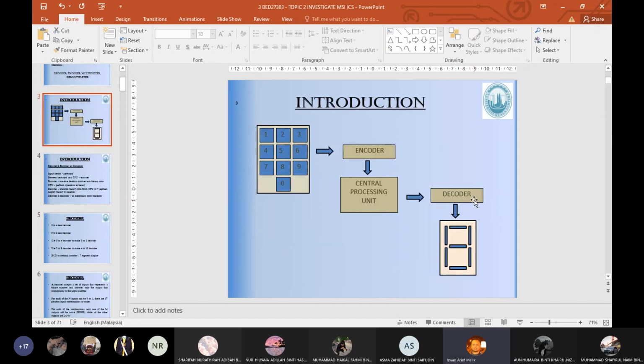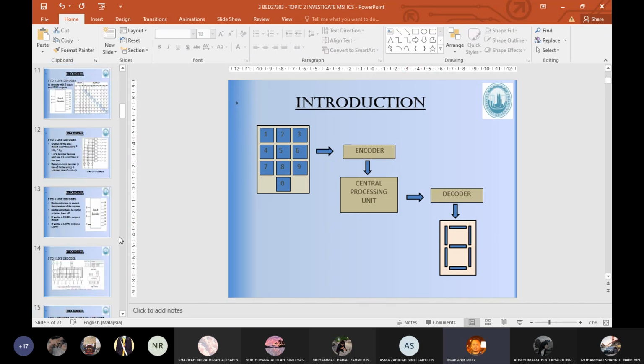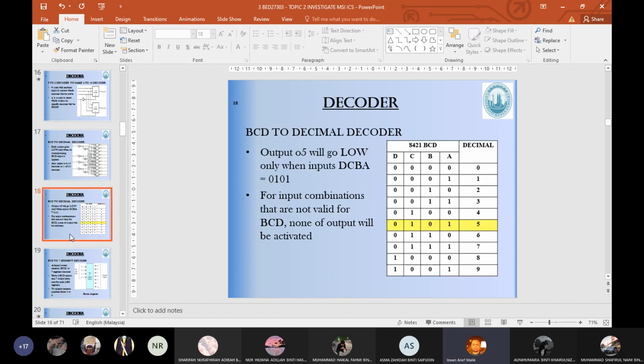Okay, here dekat decoder, katakan you tambah, tadi saya buat 9 tambah 3 jadi 12. So dia akan decode, satu dia akan display nombor 2, satu lagi 7 segment dia akan display nombor 1. So baru dia dapat nombor 1, 2, nombor 12. So that is where you can find dia punya application lah.